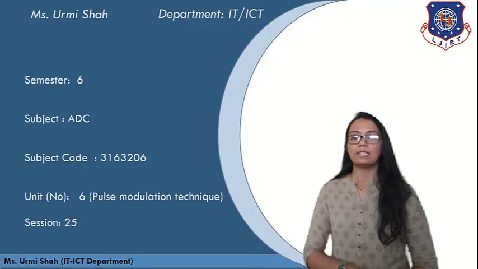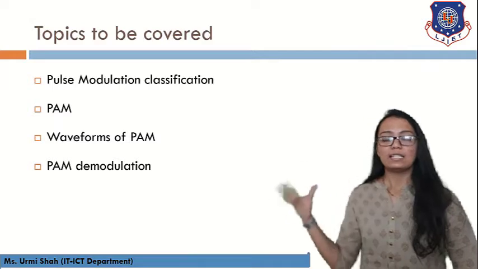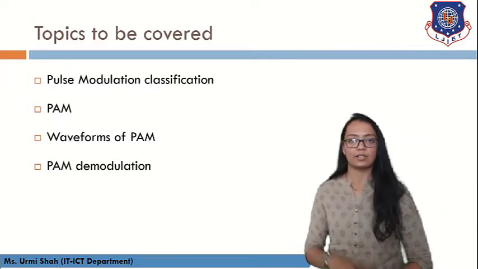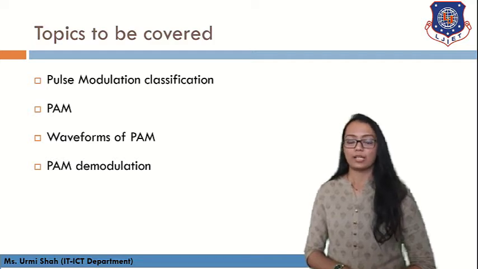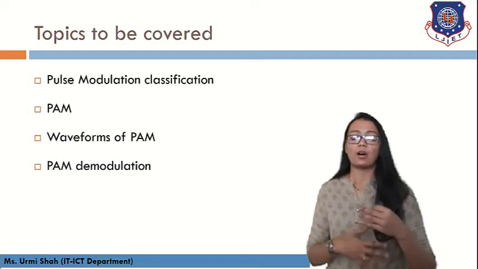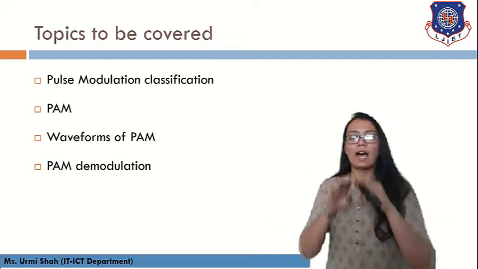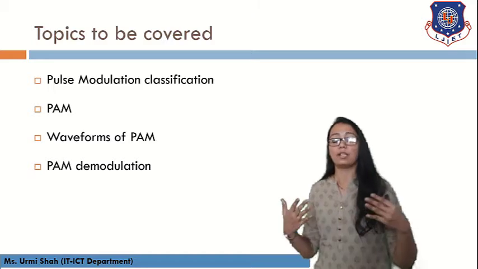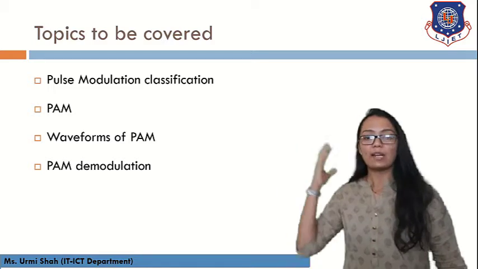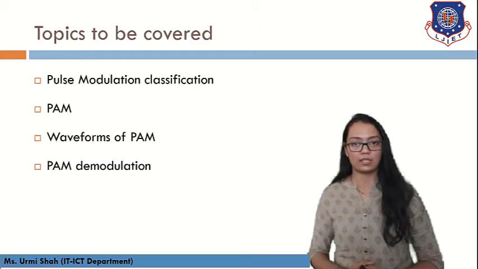This is basically unit 6 of our session, and in this session we are going to cover the following topics: pulse modulation classification, how there are different types of digital modulation technique, and how it is classified into various blocks or various modulation schemes. So that we will learn in pulse modulation classification.